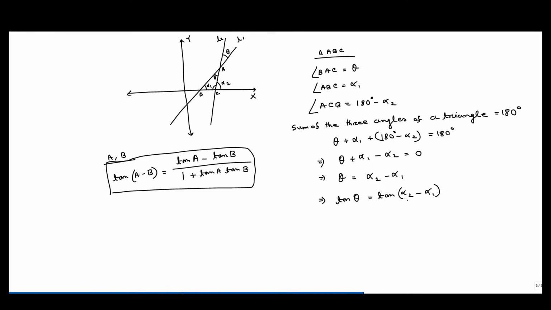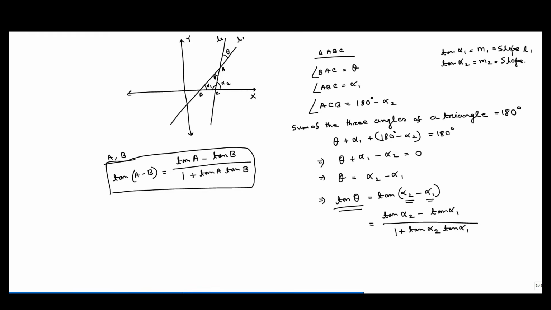So if we take alpha 2 as A and alpha 1 as B, then we are just getting tan of alpha 2 minus tan of alpha 1 by 1 plus tan of alpha 2 tan of alpha 1. So why have we taken this tan here? Because whenever we know the angles alpha 1 and alpha 2, we basically know tan of alpha 1, which is m1, the slope of the first straight line, slope of L1, and tan of alpha 2 is m2, which is nothing but the slope of L2.